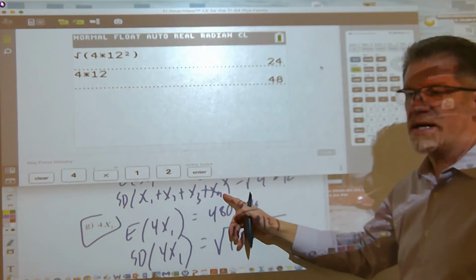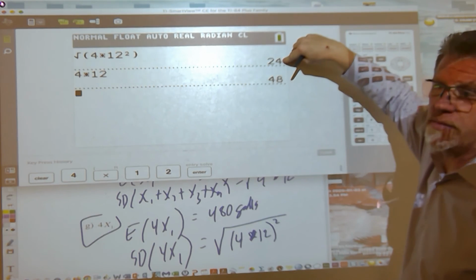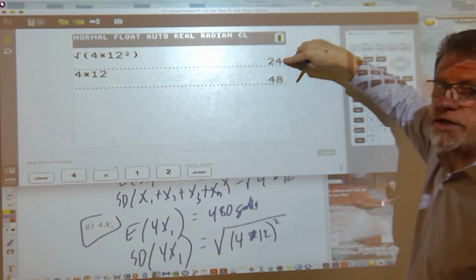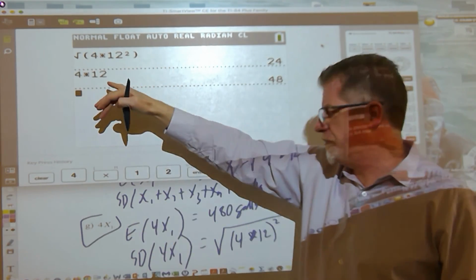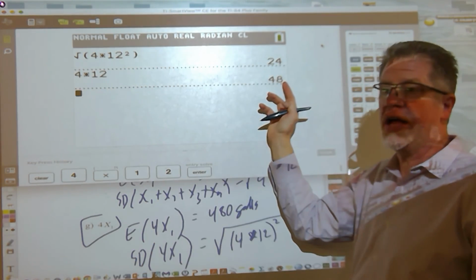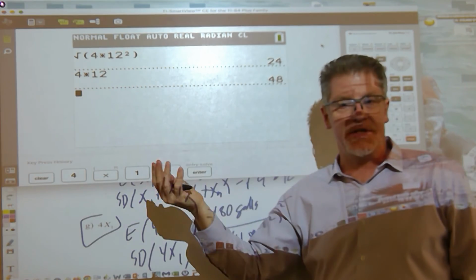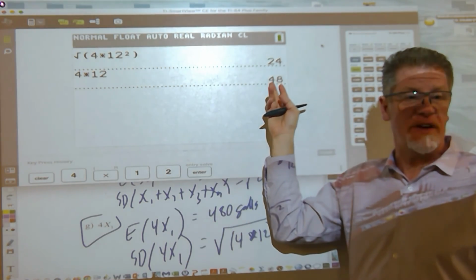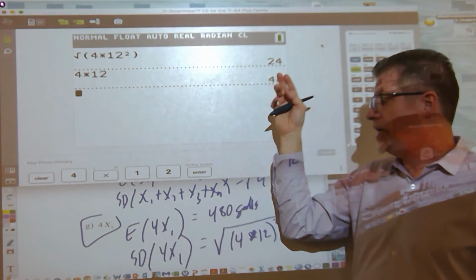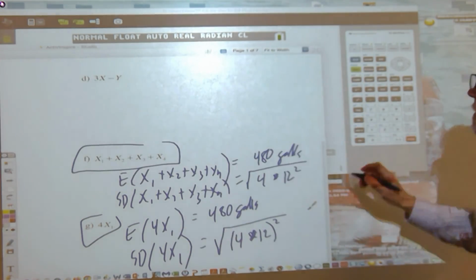When you're doing 4 separate random events, there's not as much variability. But when you take just one event, it might be overfill, and that overfill is being multiplied by 4. So it's not just memorizing formulas, you can say, oh yeah, I understand why there would be a lot more variability in 4x1 than in the other one.